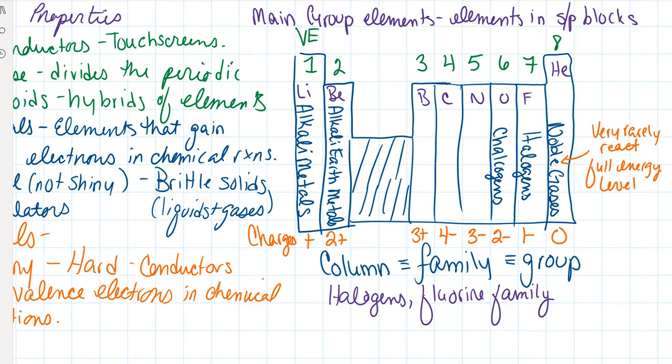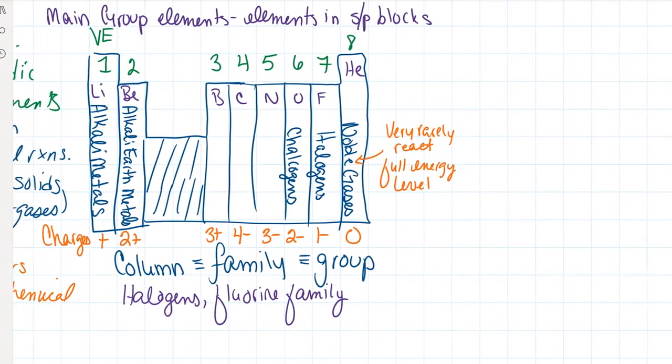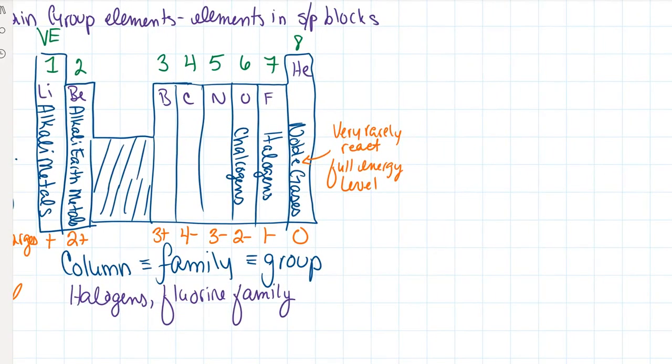However, when we take a look at our halogens, when we form these ions, we'll observe that we pick up 1 more minus charge. And by picking up a minus, that means we've gained a valence electron.